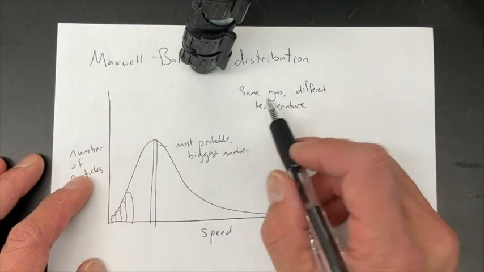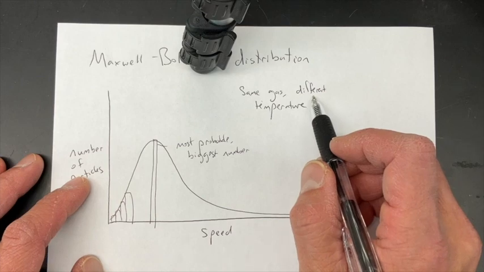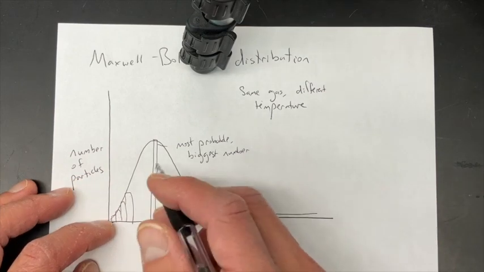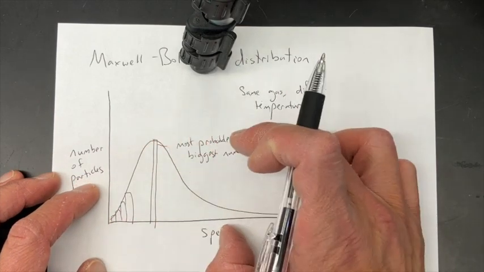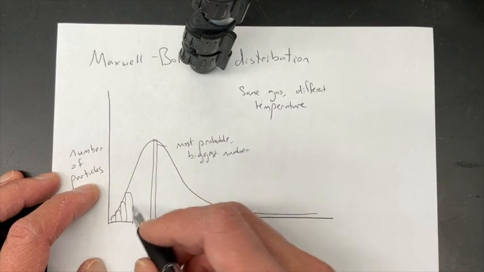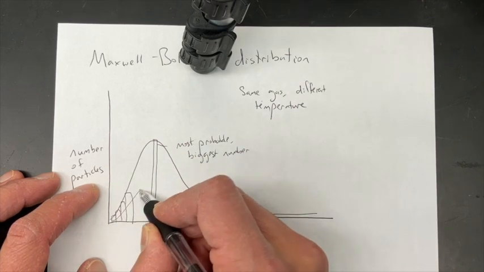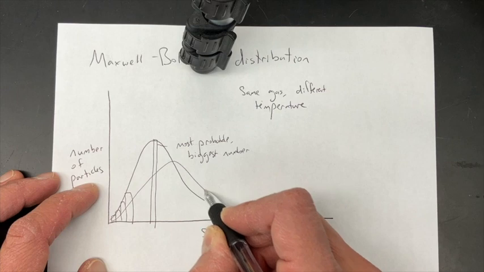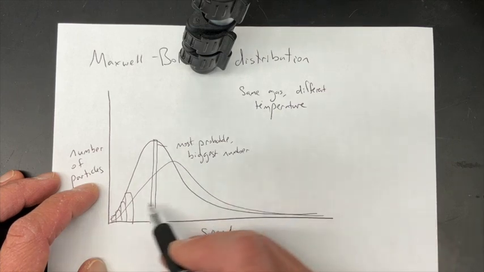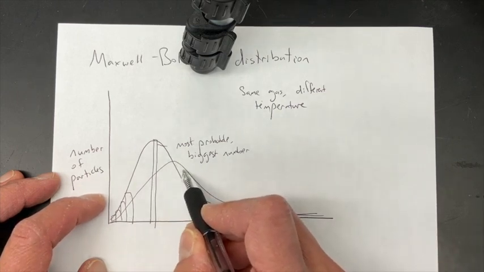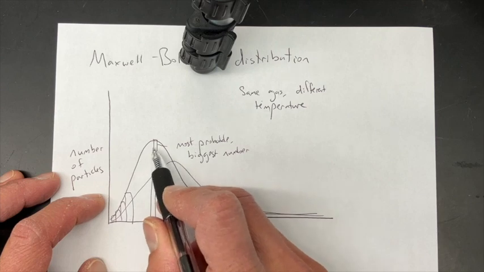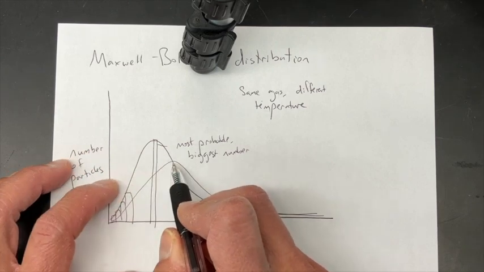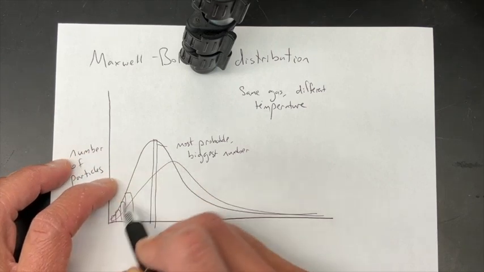So if I take the same gas and I heat it to different temperatures, what we saw was that the whole thing doesn't shift equally. It starts going like this. So it spreads out more. This is a little higher temperature. And you can see that the number of particles is less concentrated at any given speed, but it's spread out more.